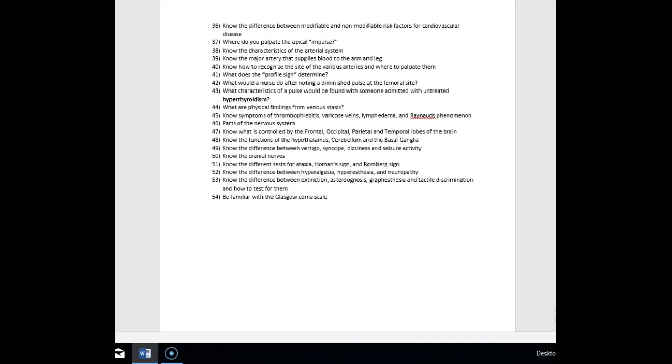And lymphedema is usually a result of really bad flow, and it's real common in women who have had mastectomies, that may have had cancer or something.